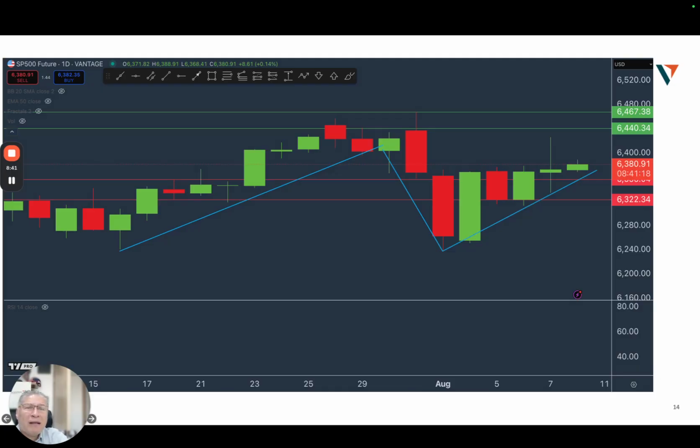So basically, the market was making higher highs, higher lows consecutively, and that is a basic 101 of an uptrend. And it did do a pullback or a retracement in 2 days.